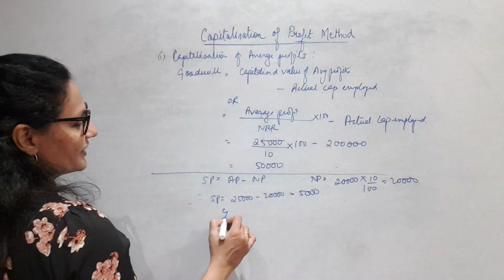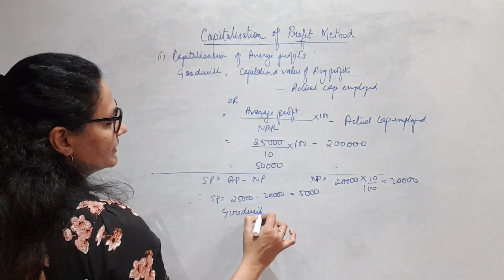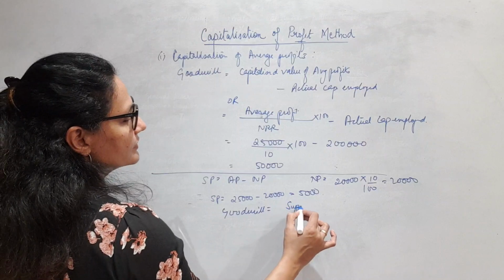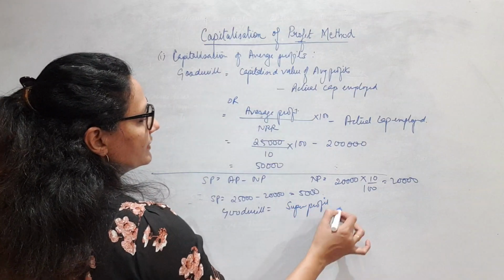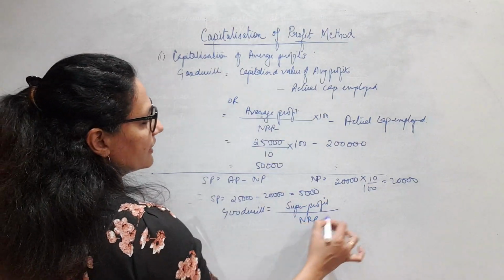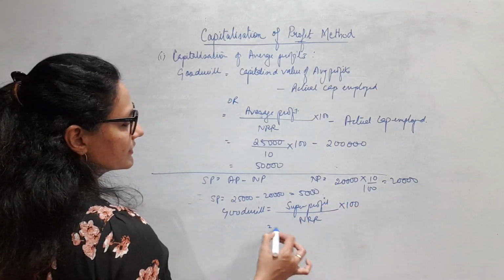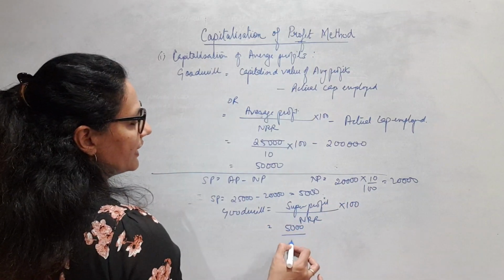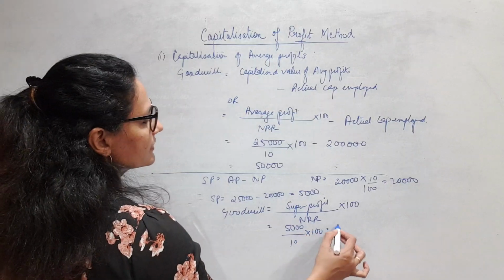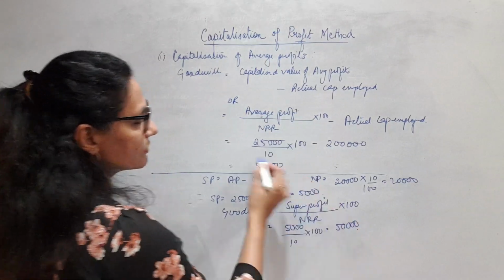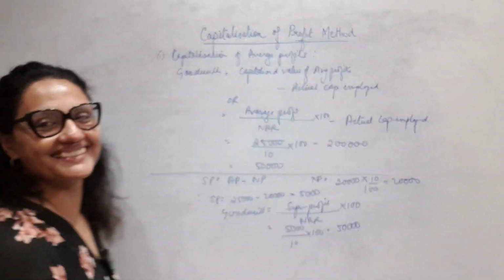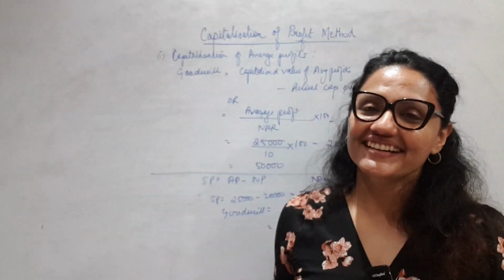So what is that extra? That is your goodwill. Goodwill is equal to super profit divided by NRR into 100. So 5,000 divided by 10 into 100. 50,000. Oh, it's the same. Has to be, na? Yeah.